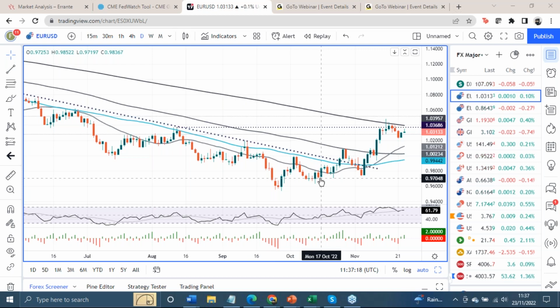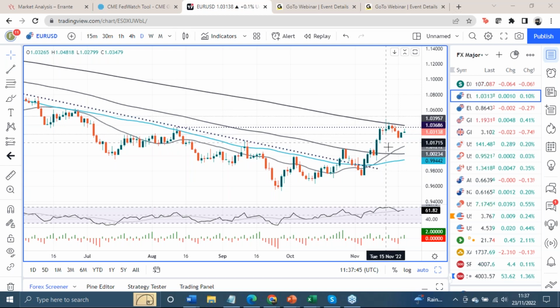Yes, general better sentiment slightly on the energy issues, as I've mentioned, with the better natural gas storage and energy efficiency as well, giving a slight bid to the euro, off its lows certainly, and above parity as well. The upside looks capped by the 200-day moving average.